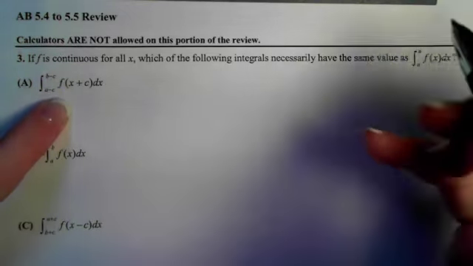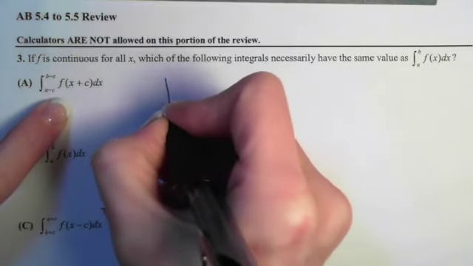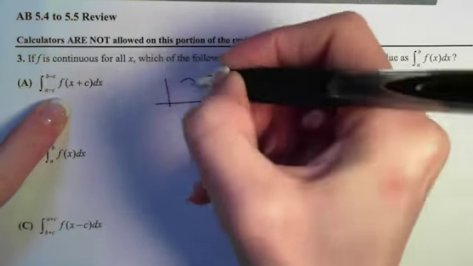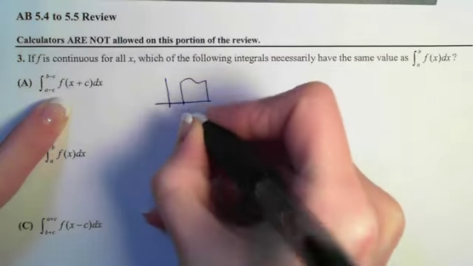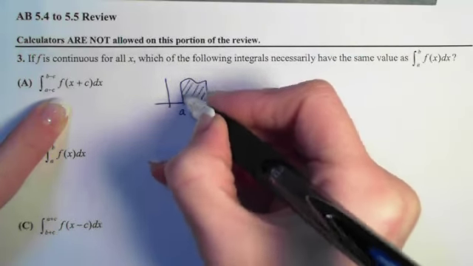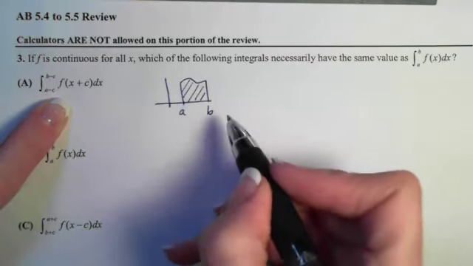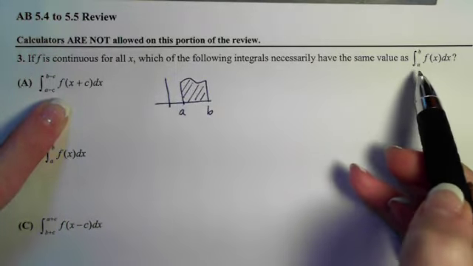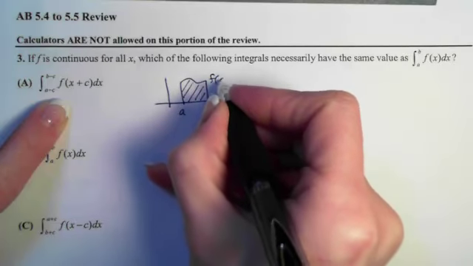So if we look at the original one, this accumulation from A to B, just for ease of figuring this out, I'm going to let f be positive. So this area would represent the accumulation from A to B on this function f.